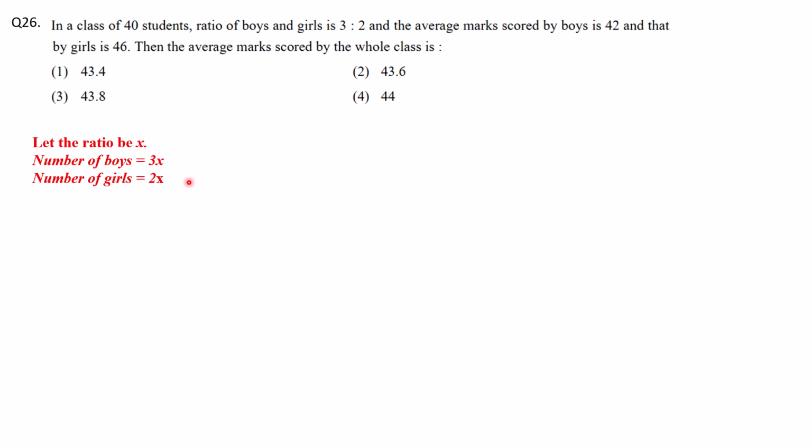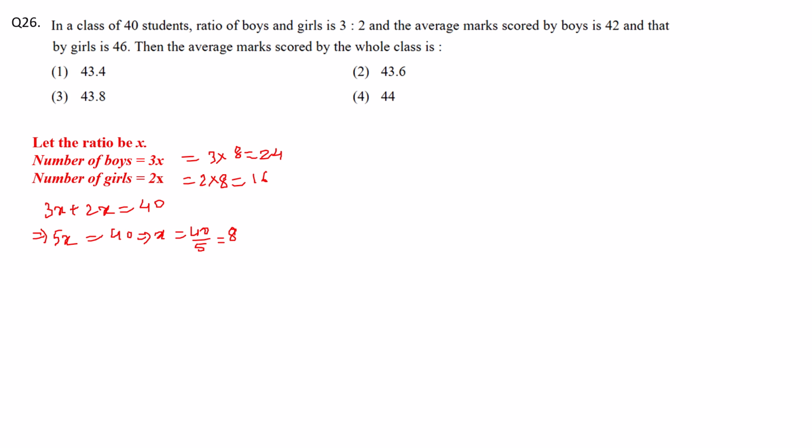So number of boys will be 3x, number of girls is 2x, and their sum is 40 because total students is 40. So 3x plus 2x equal to 40. So from here I can write 5x equal to 40. So x will be 40 by 5, which will give me 8. So number of boys will be 3 into 8, which is 24, and number of girls is 2 into 8, which is 16. And if you add, you will get 40.